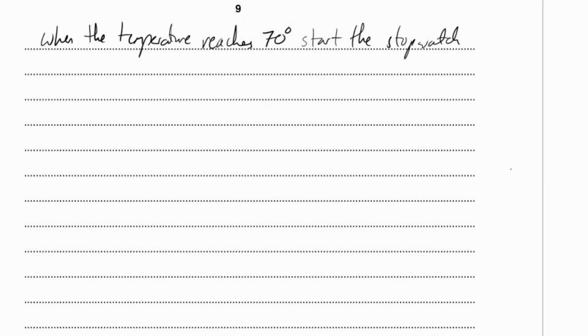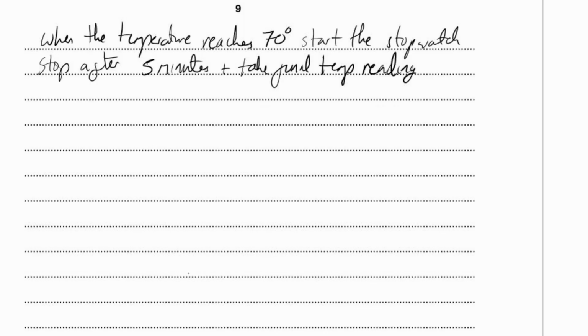What I want to do next is, once it reaches a certain temperature, start the stopwatch. So once the temperature reaches 70 degrees, start the stopwatch. And I'm going to want it to run for a solid 5 minutes every time. So stop it after 5 minutes and take the final temperature reading. And of course this is the control.